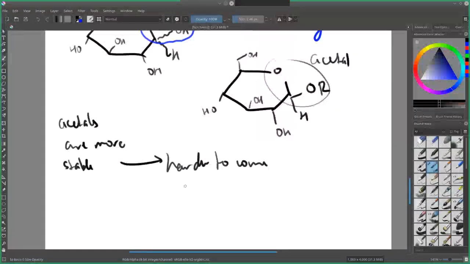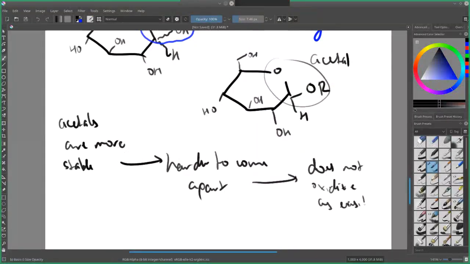So it's harder to come apart. So it doesn't oxidize as easily. Okay.